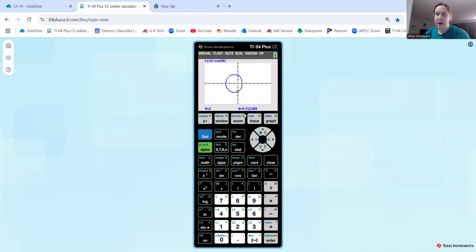And then we want to check 2 pi. We expect it's going to be the same thing as 0, but let's check it just to be safe. Oh, I think I know what the issue is. I think it's my window. What did I do there, y'all? Did I type something in wrong? So we're going to go second trace. We're going to choose option 1, and we're going to type in 2 pi. And if this doesn't fix it, it might be my window. We know that 2 pi is going to give us 1.